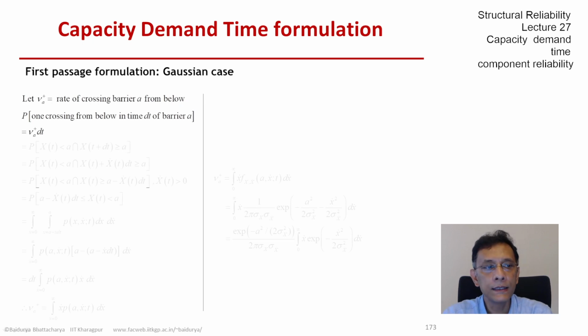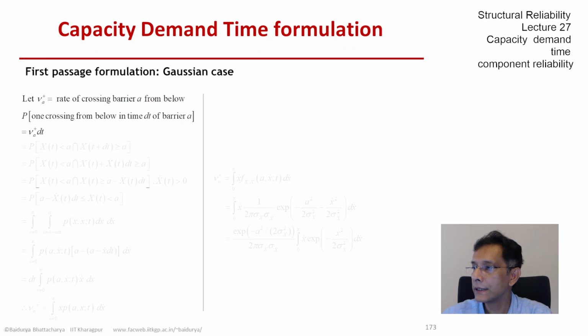So the probability that exactly one crossing like this would occur in a small time interval dt by the process would be the rate times the length of that small interval.